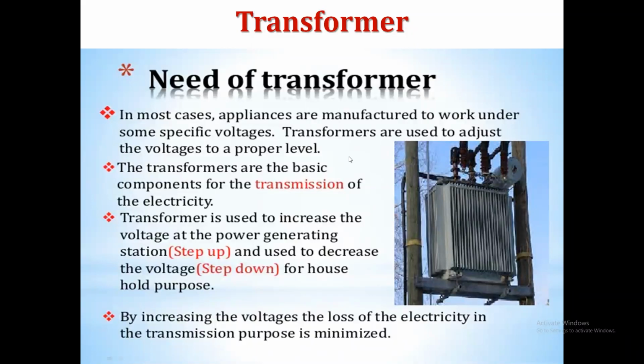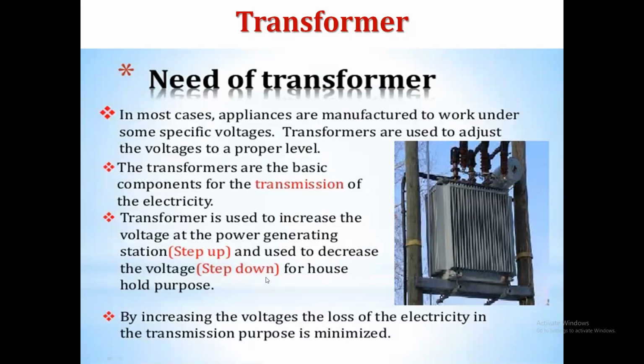That is possible with the help of the transformer. Get my point? So the transformer is the basic component in electricity transmission, and we are discussing very basic fundamental things about the transformer here.